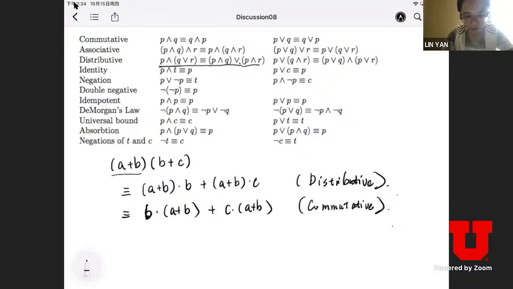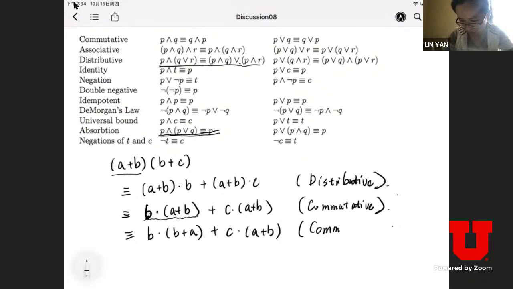If we take a close look at this one, we will find we have two Bs in this item, so we can use the absorption, but we still need to change the order of A and B. So it is equal to B and B or A, or C and A or B. Then we can use the absorption to get that this item is equal to B.